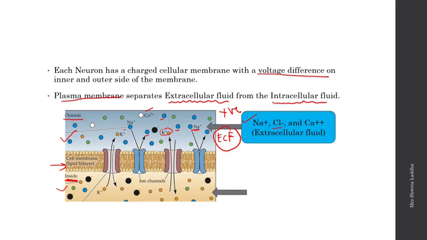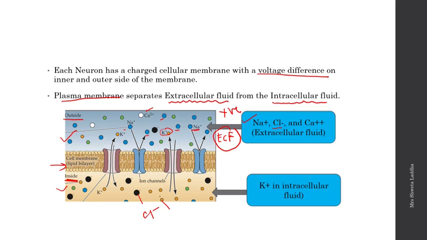Whereas on the inside of the neuron, inside the membrane, there is a lot of potassium present in the intracellular fluid, along with, of course, chlorides. These black color spots are chlorides. These orange color spots you can see are potassium. A little bit of sodium is also there. The blue color spots are sodium. So all are there, but more potassium is there.